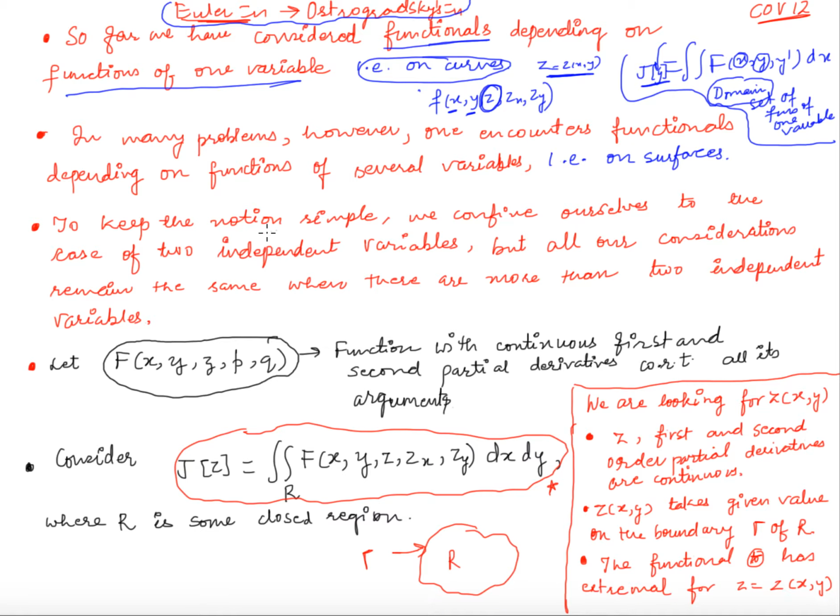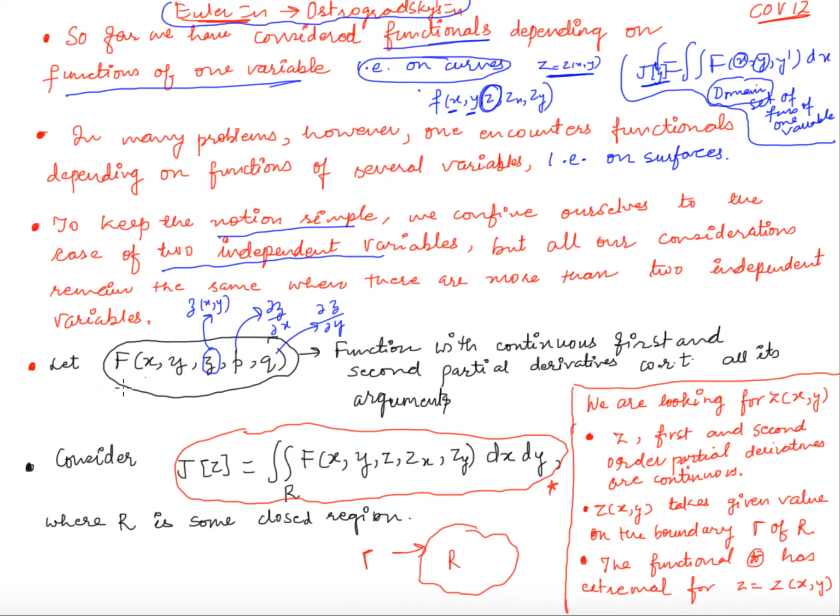For keeping the notation simple, we will confine ourselves to functions of two variables only, but you can obviously apply these things when there are n variables. So we consider a function F of x, y, z, p and q. Here p stands for the partial derivative of z with respect to x, q stands for the partial derivative of z with respect to y, and z is a function of x and y.